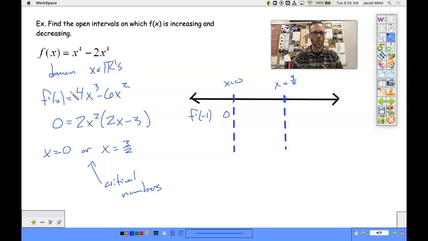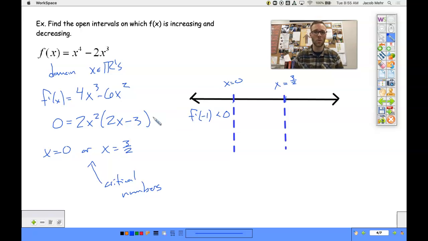So let's go to f prime. If I substitute -1, 4 times -1 cubed minus 6 times -1 squared. I'm going to make sure I don't goof this up here live on television. Okay. I got -10. But like I said, I don't care that it's -10. All I care is that it's negative. At -1, f prime is negative.